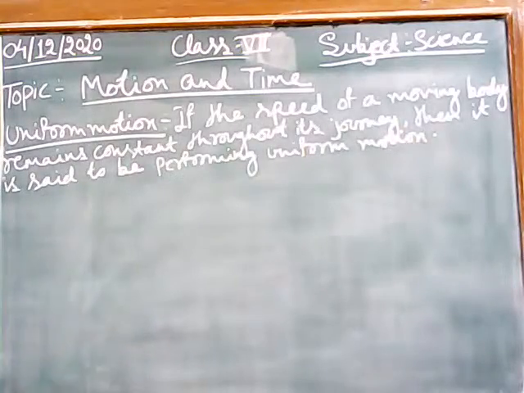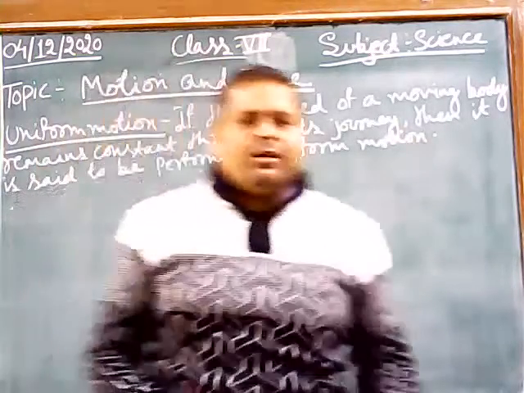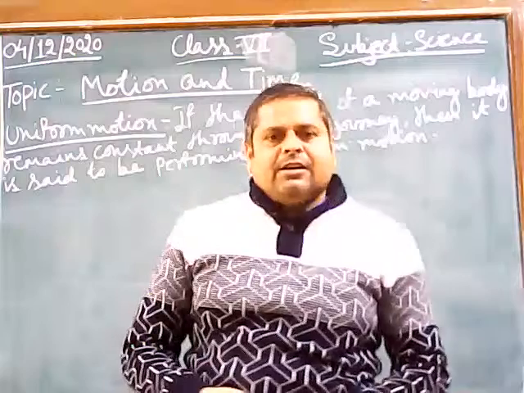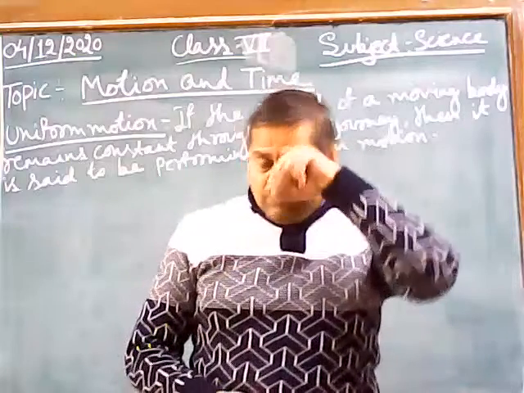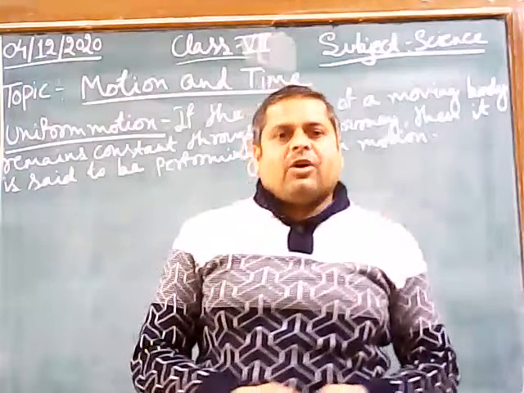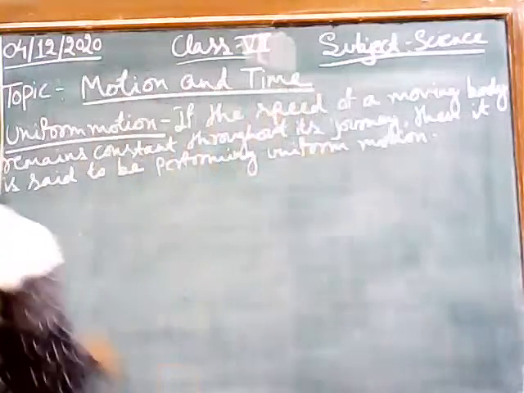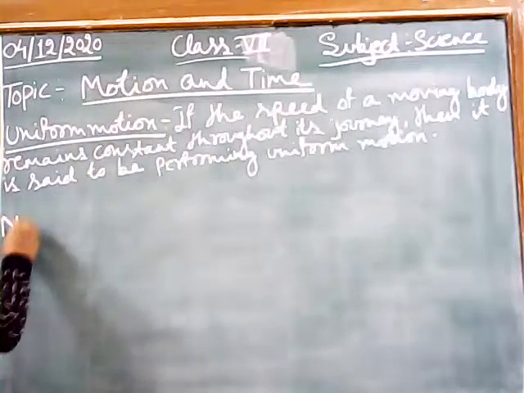On the other hand, if the speed of a moving body changes during its journey or during its motion, it is called non-uniform motion. It is called what? Non-uniform motion.